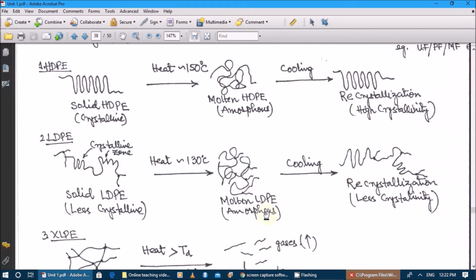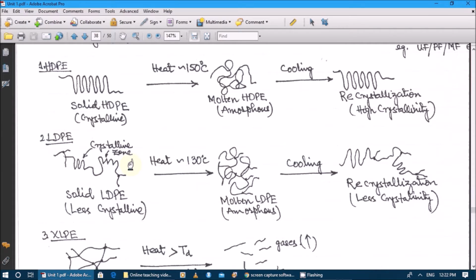At their melting point, they will be 100% converted into amorphous molten LDPE, where there is no regular structure. In the solid LDPE, it has a little bit of crystal structure, then some random structure, then again some crystalline structure, then again some random structure. So LDPE, you can say, is semi-crystalline.